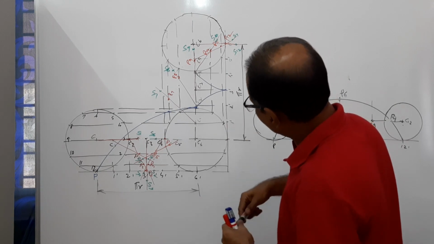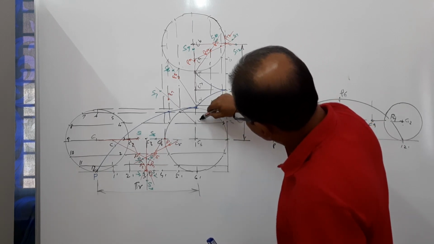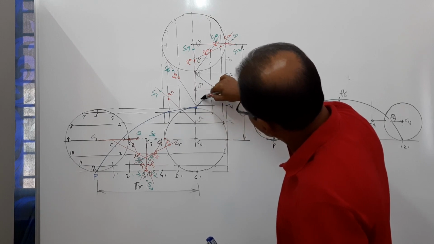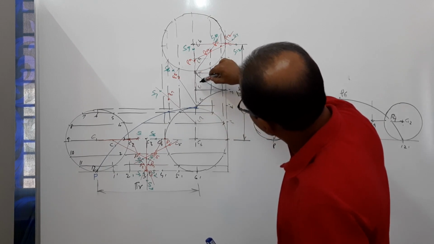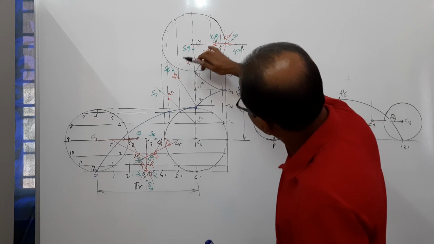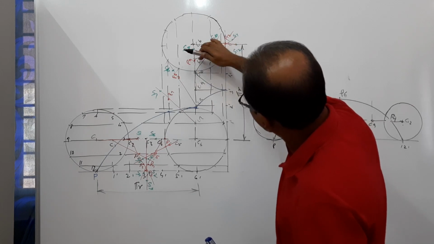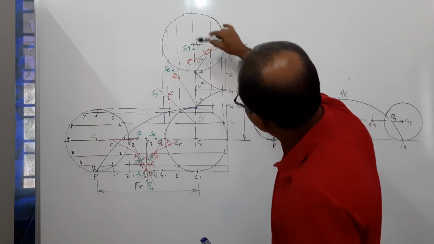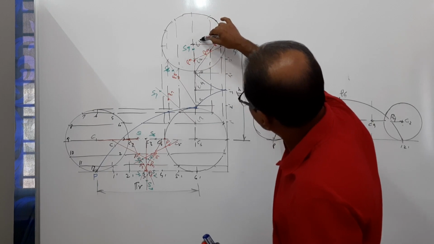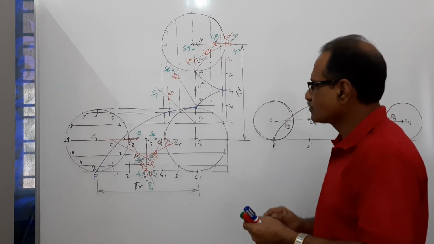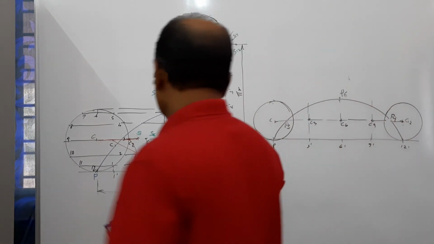I could have marked here C7, C8, C9, C10, C11, C12. Connect that.